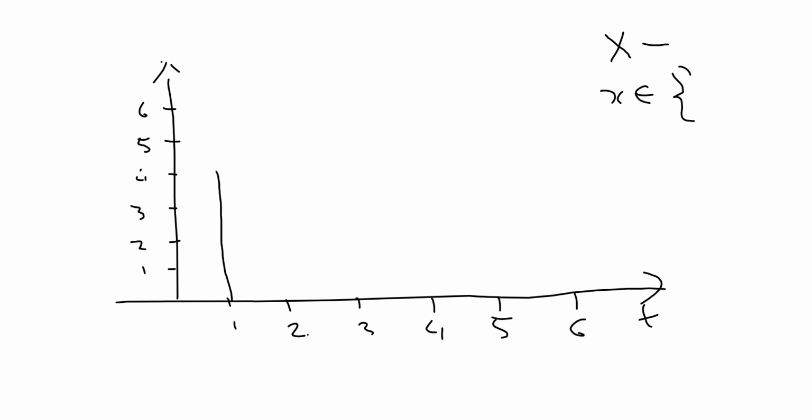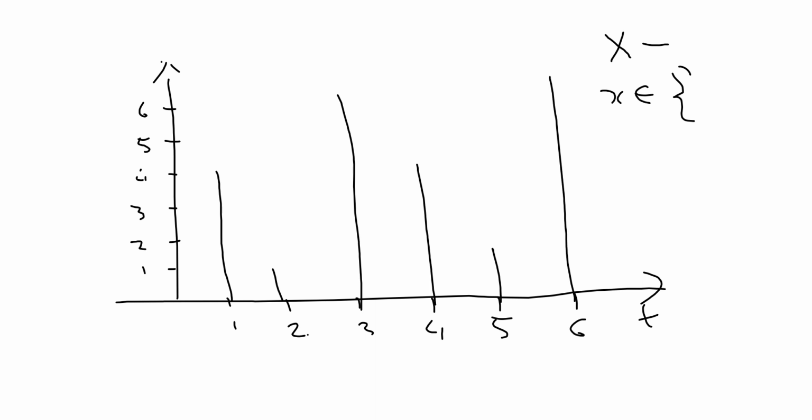At time 2 you got 1, and the die gave 6 in the third minute. In the fourth minute I threw the die and got 4. In the fifth I got 2. This is a random process. I cannot determine what value I will get when I throw the die.